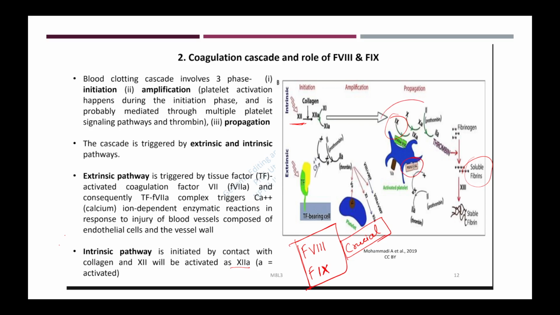This active factor 8, active factor 9, and factor 10 together, these three form a complex known as factor Xase or 10Ase, which will convert prothrombin into active thrombin that leads to blood clotting.